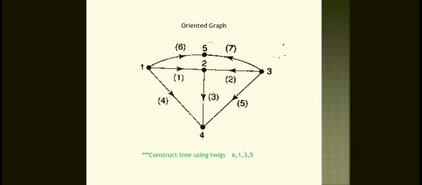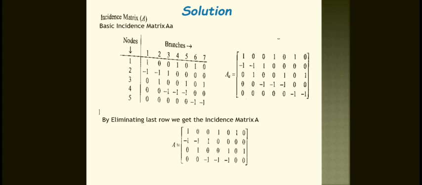So here we take 4 nodes, and we have 7 branches. First we have to split into the tree and co-tree. So you may take whatever it may be as the tree. What is the tree here actually? How are you going to take the tree and co-tree? The incidence matrix will be formed using this.